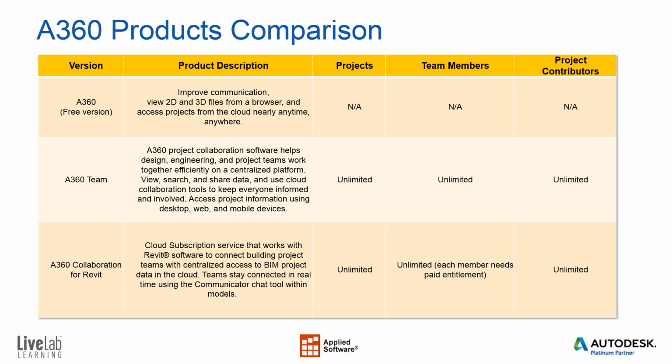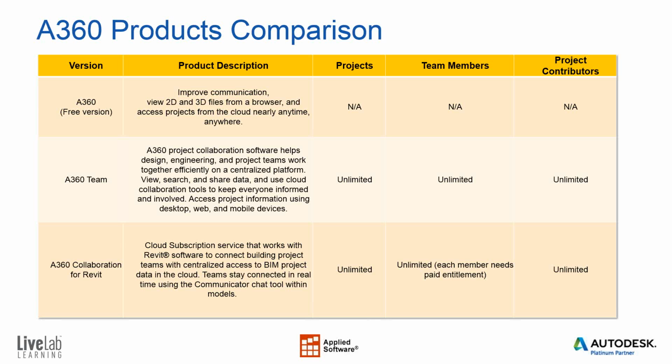And if we look at the top level, the Collaboration for Revit, you might have a typical office where there's, say, 2 architects who are going to do it, maybe a structural engineer, maybe a mechanical engineer. So each of them would spend the $800 so they can all communicate on the project together. But it doesn't limit them to how many projects. So we're seeing companies just set up a couple of people in their office based on one particular project.